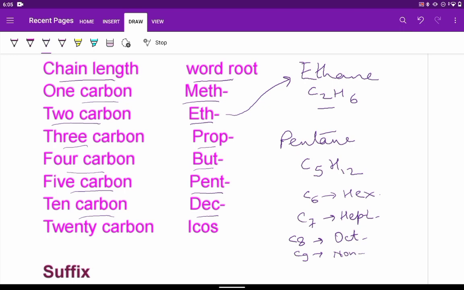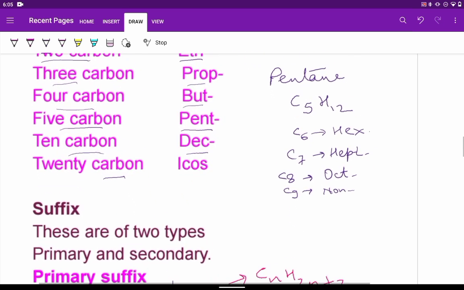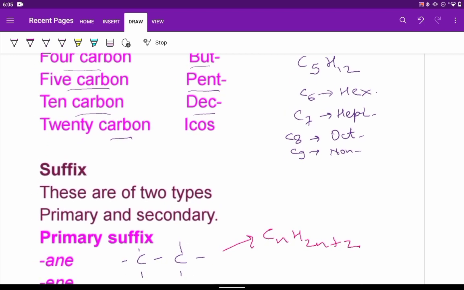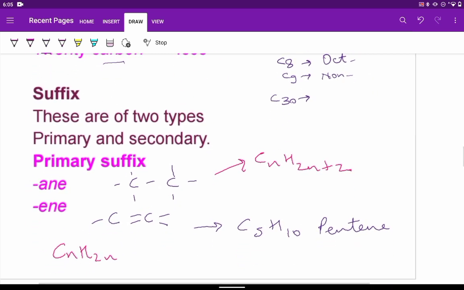For 10 carbons it is dec. 11 is undec, C12 dodec, C13 tridec, and so on. C20, 20 carbons, we will call it icos. For C30, it is triacont.